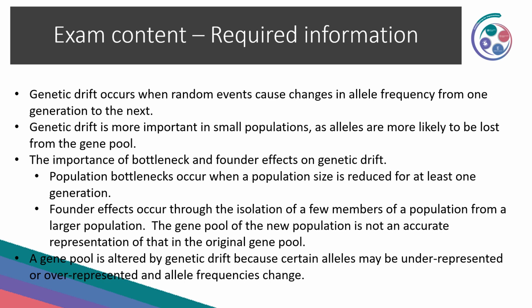So genetic drift brings about this random change, either overrepresenting particular genes, a gene that might provide an advantage, or if they're separated, it might be that that particular gene is a disadvantage in that area, and it might be underrepresented because it doesn't confer some sort of advantage to that species.